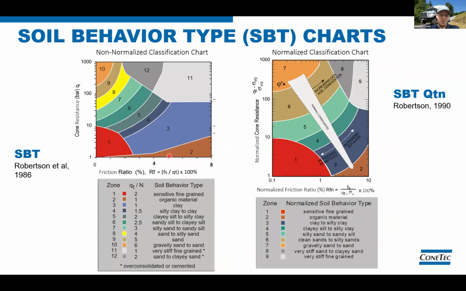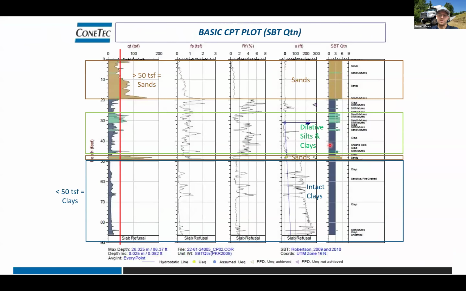We would go to 0.5 on our friction ratio and about 150 on the tip, which plots us in zone 6, this tan colored material, which is calling clean sands or silty sands, and we can see that's what our CPT plot is showing us as well, based on the soil behavior type.